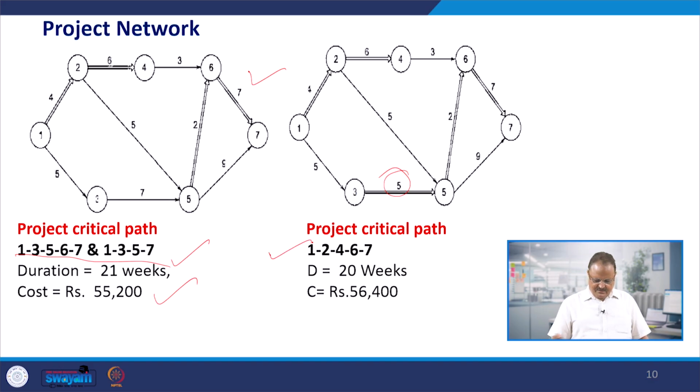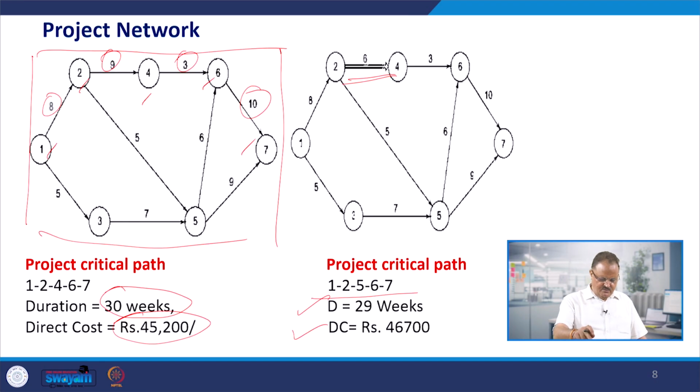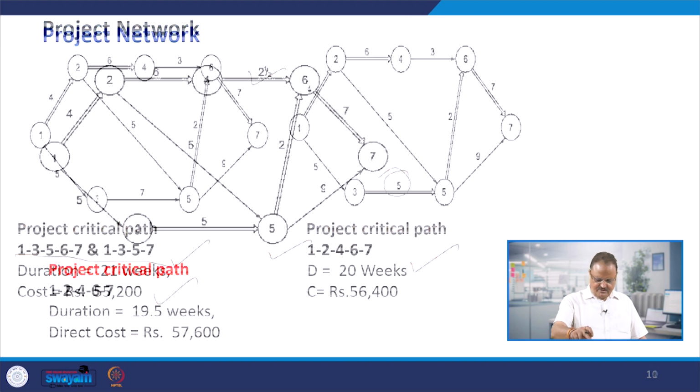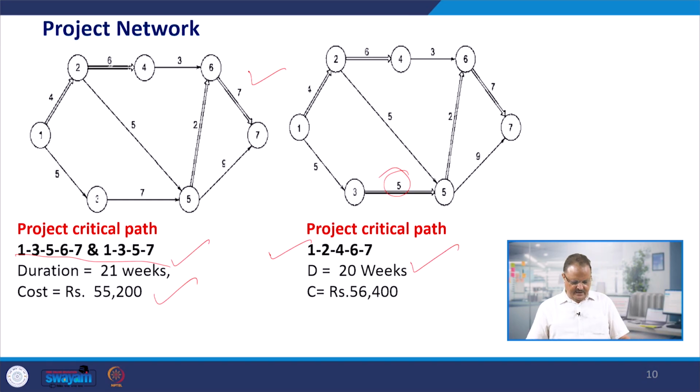Finally the new path was found, that is 1, 2, 4, 6, 7 with 20 weeks of duration. So duration has come down from 30 weeks to 20 weeks and the cost has increased from 45,200 to 56,400.